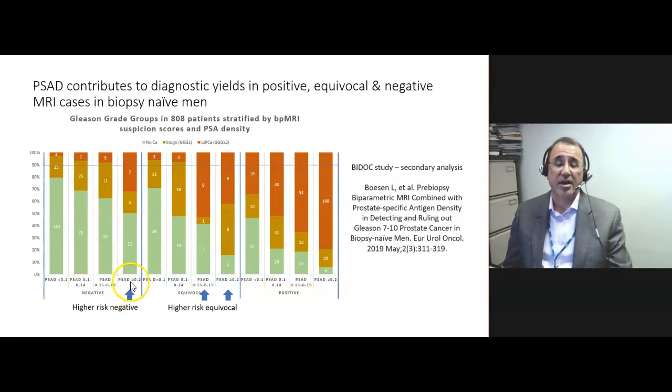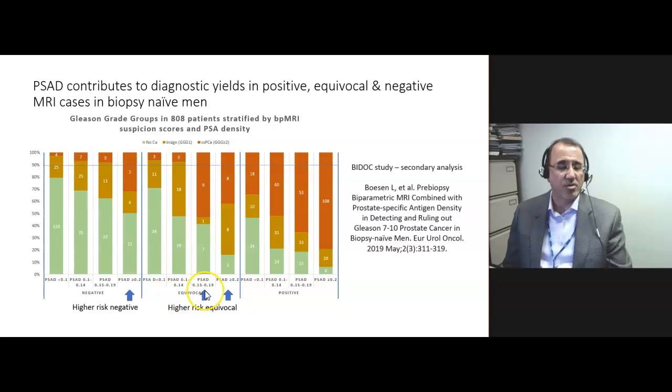You can see that a patient with a raised PSA density of 0.2 and above has high risk negative, and among these high risk negative patients, there is a substantial proportion, up to about 30%, who will have clinically significant disease. So these should be biopsied.